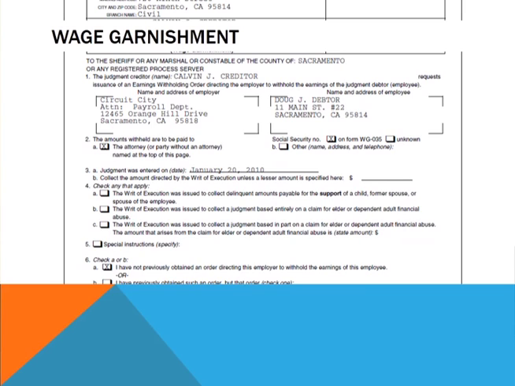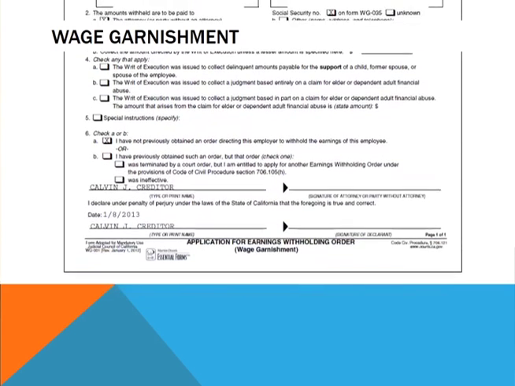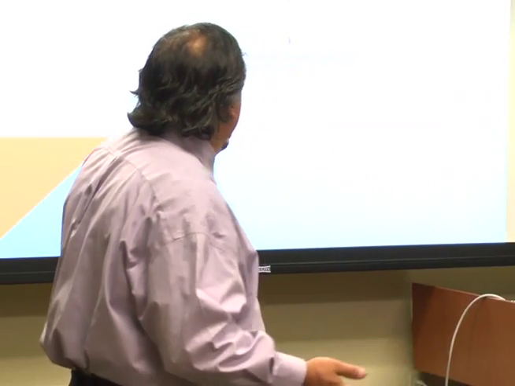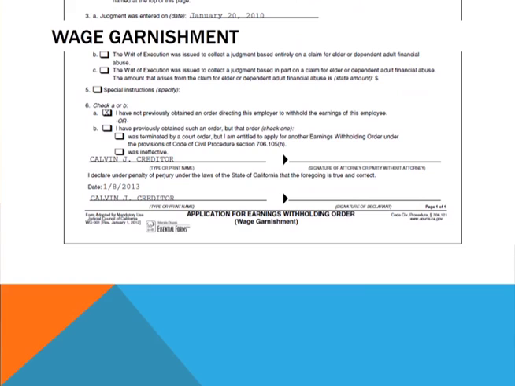You enter the amount and the date of the judgment, and then A or B. You're typically going to be checking A, indicating you have not previously had a wage garnishment order. B is if you previously had a wage garnishment order and for some reason you stopped it, or it was ordered stopped. And then there's a spot for you to sign, and a verification at the bottom where you declare under penalty of perjury that everything in there is true.